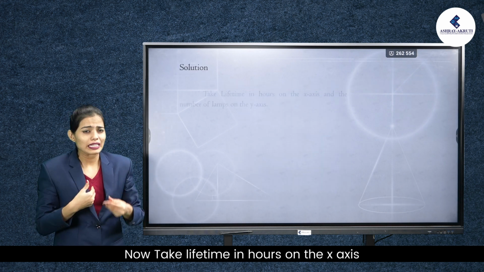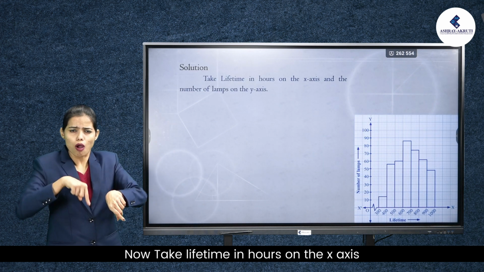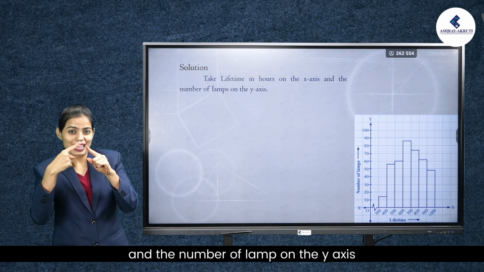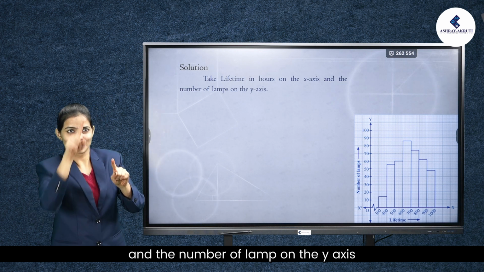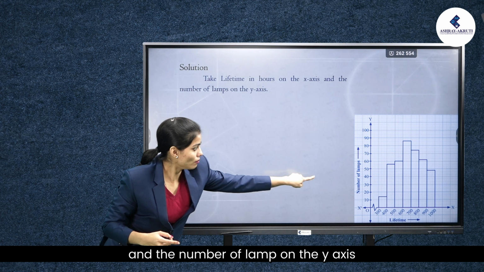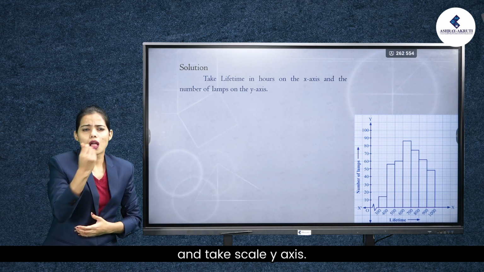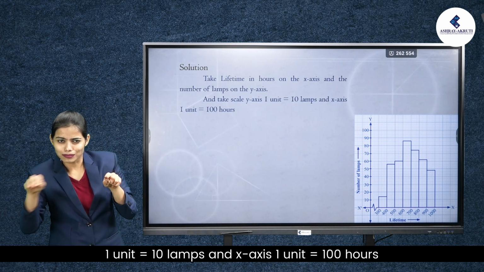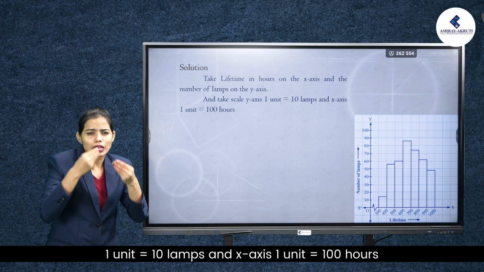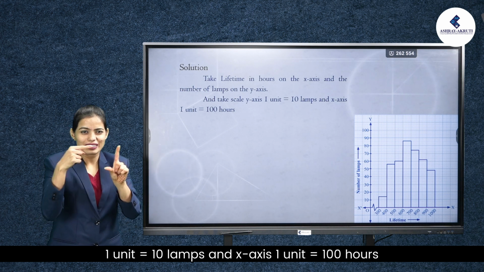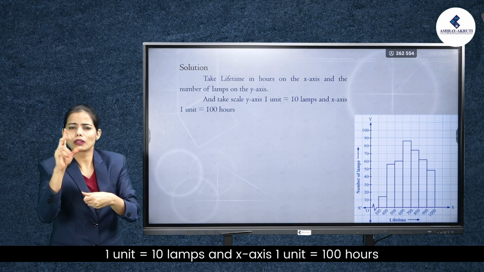Now, take lifetime in hours on the x-axis and the number of lamps on the y-axis. Take the scale on the y-axis as 1 unit equal to 10 lamps and on the x-axis 1 unit equal to 100 hours.